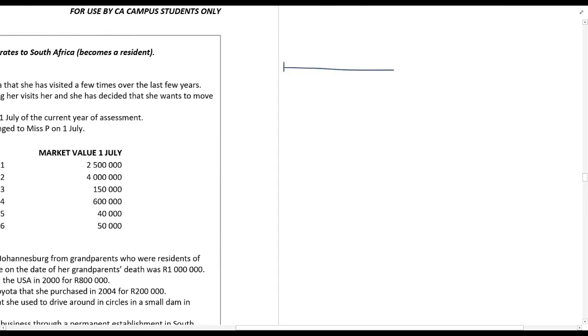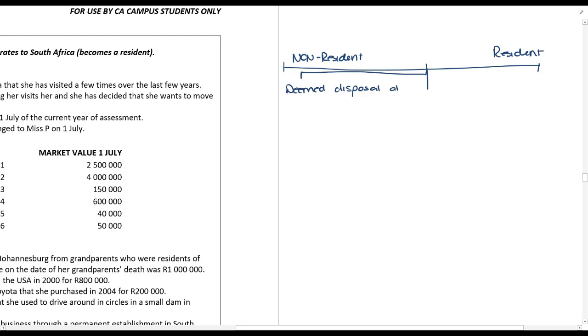Okay, so we have a non-resident becoming a resident. So at this point in time, there's a deemed disposal at market value, except for which assets?